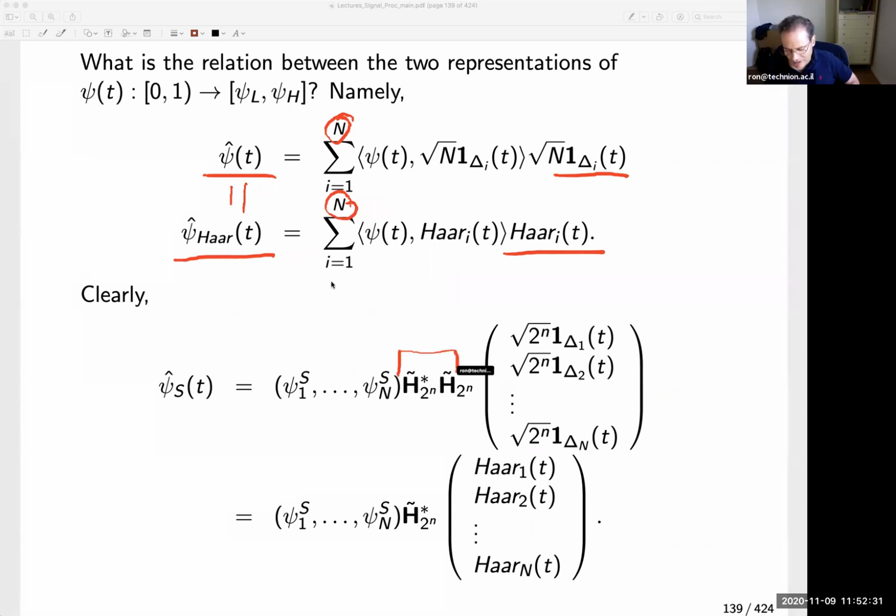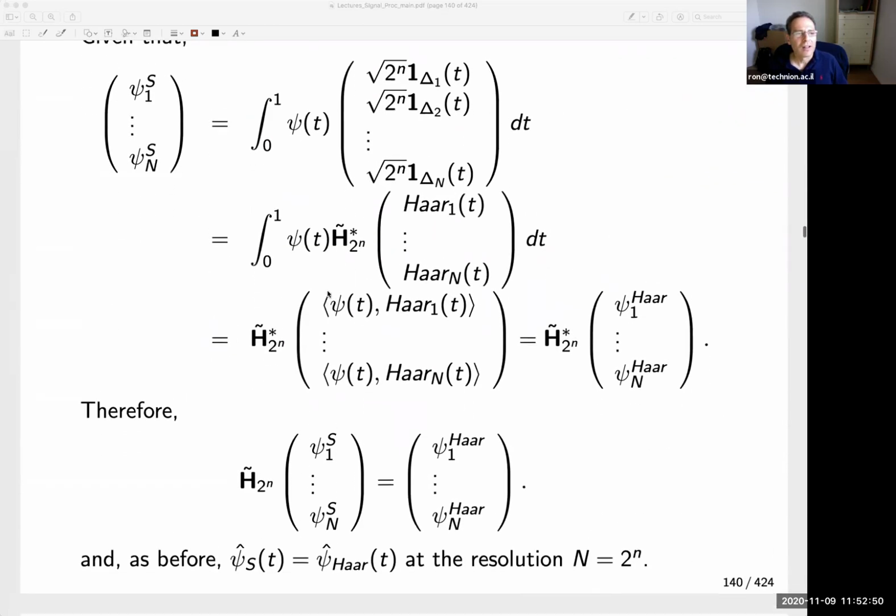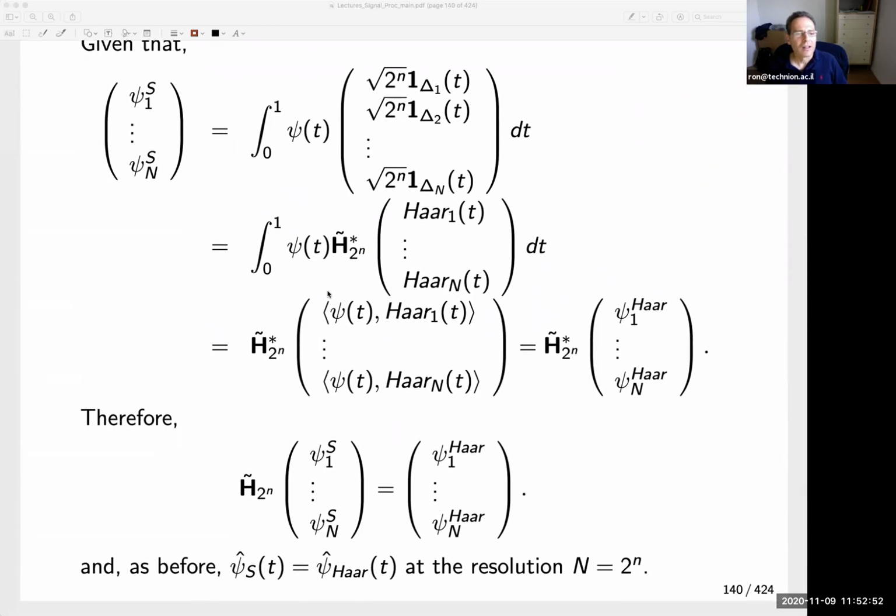We plugged in the standard definition the identity, we split it into the Haar generators, and at the end of the day, what we get is that these are the Haar coefficients and these are the Haar functions, and we get exactly the same representation. Okay, but as mentioned, this is just basically saying the same.